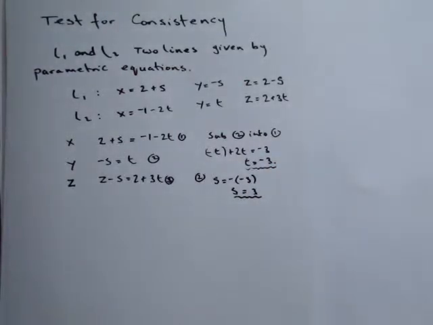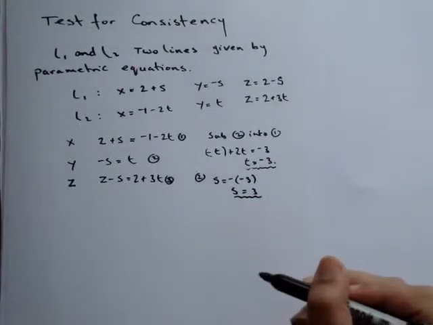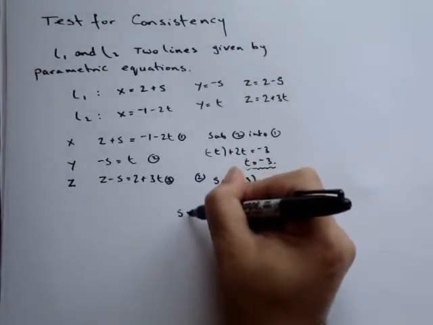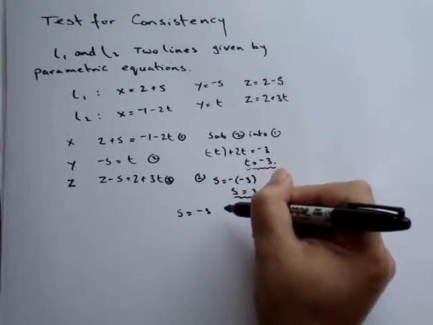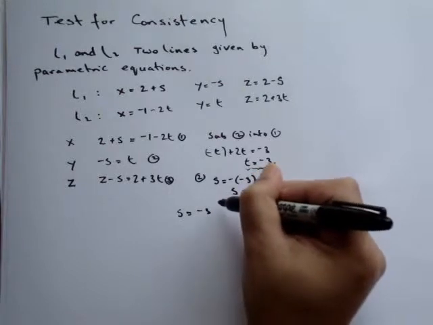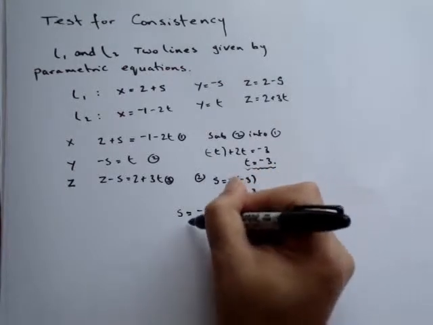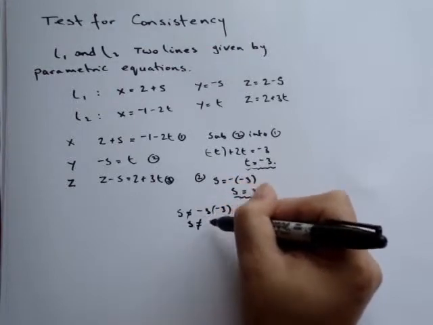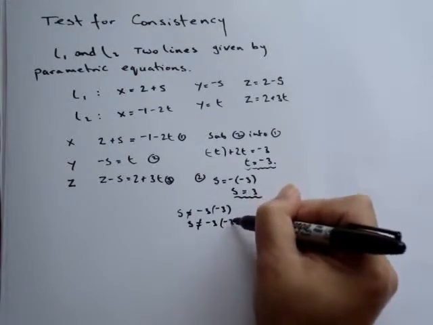Now to check if they're consistent, we sub this into our third equation for z, and we get s equals minus 3, and this is not the case, so s does not equal minus 3.